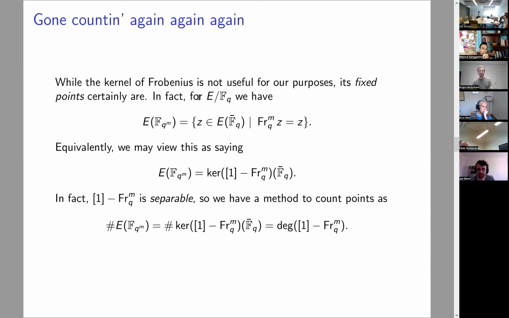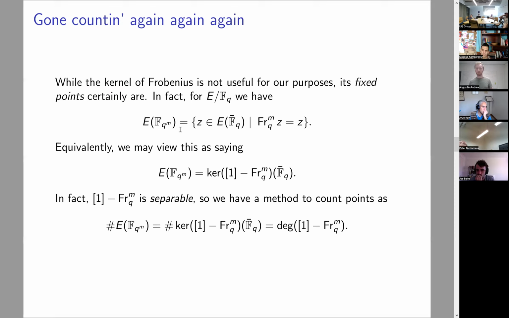So if E is an elliptic curve over a finite field Fq, the F_{q^m} points, by the previous observation, are precisely the F_q-bar points that are equal to their own mth iterate under this Frobenius map. So think about the case m equals 1. Fr_q of Z, where Z is a coordinate (x, y). So this is precisely asking x^q, y^q equals (x, y). And we know that happens precisely when x and y are both elements of Fq.